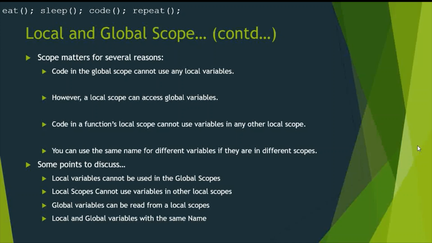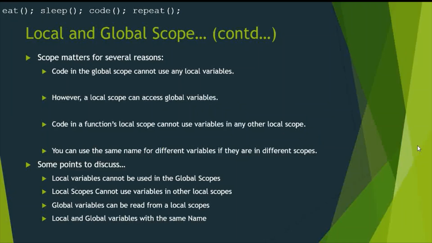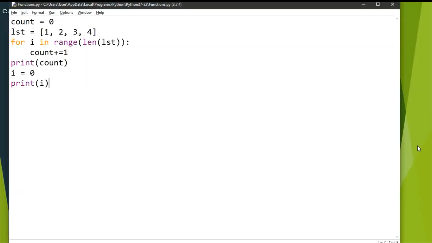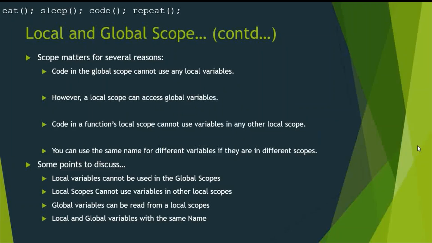And global and local variables can have the same name. The last point I have discussed already, and this is an example of it: we have a global and a local variable with the same name, that is i, but how it behaves inside a function is what we want to see. So let's take the first point, that local variables cannot be used in global scope.